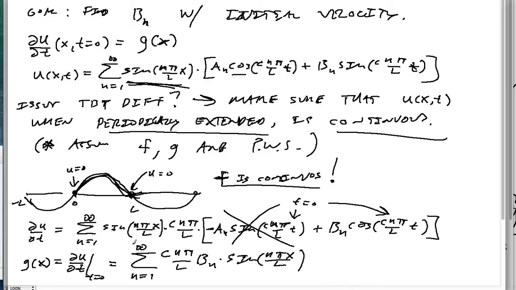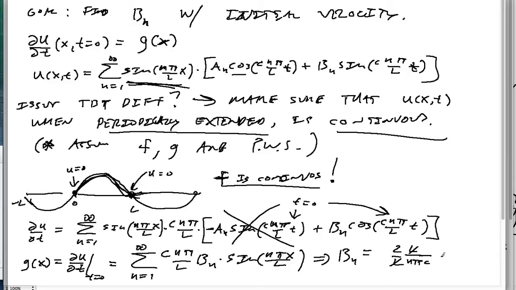Okay, so here we go. So now we know that the orthogonal projection bn is just going to be equal to, just as we've seen before, 2 over L. But now we have to multiply by L over n pi times c.